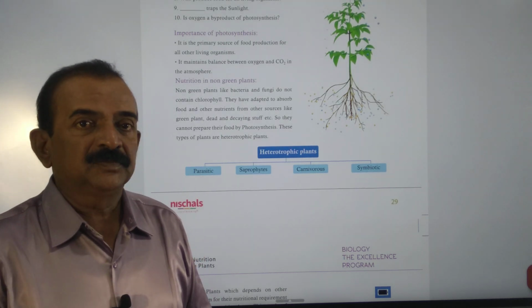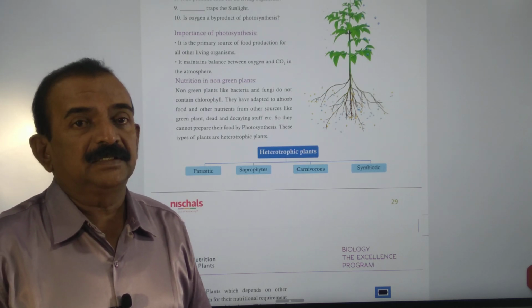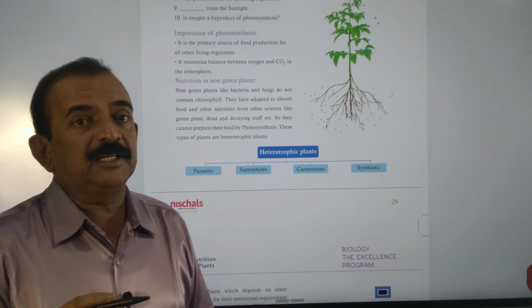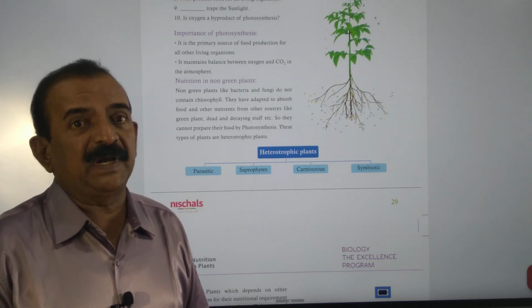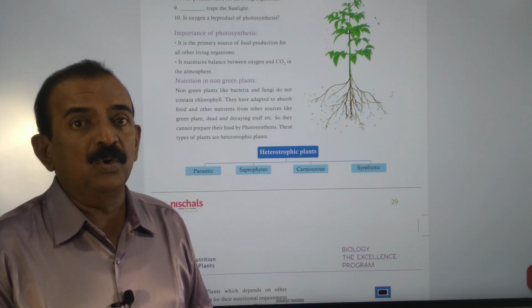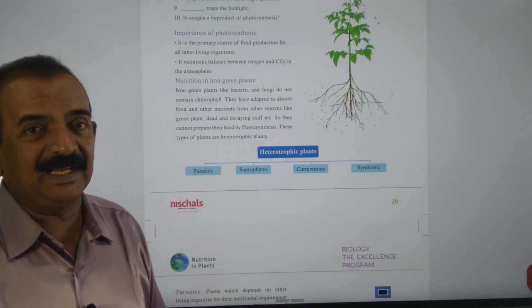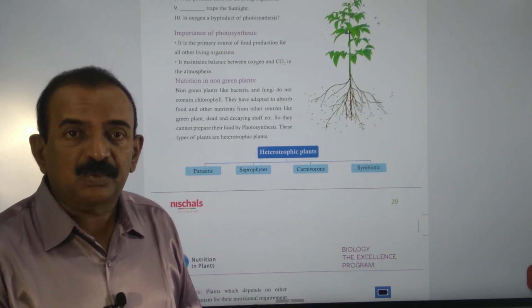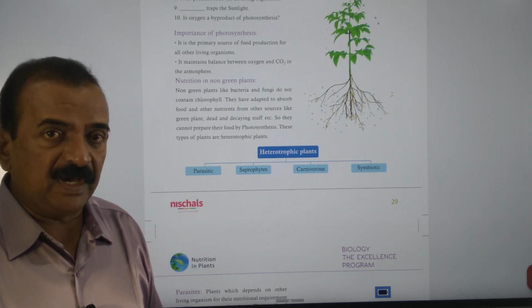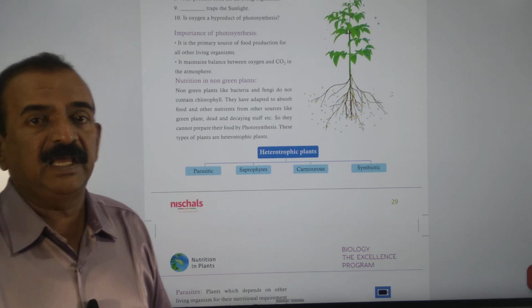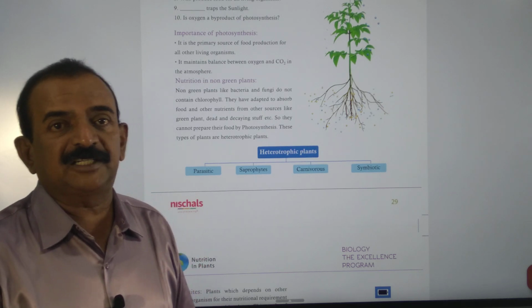First chapter is components of food, second chapter is nutrition in plants, third chapter is respiration in plants and animals, fourth chapter is reproduction in plants, fifth chapter is nutrition in animals, and sixth chapter is transportation and excretion. The last two chapters, 7th and 8th, are soil our life and forest our life. So there are 8 chapters in the 7th class Nichal's biology textbook.